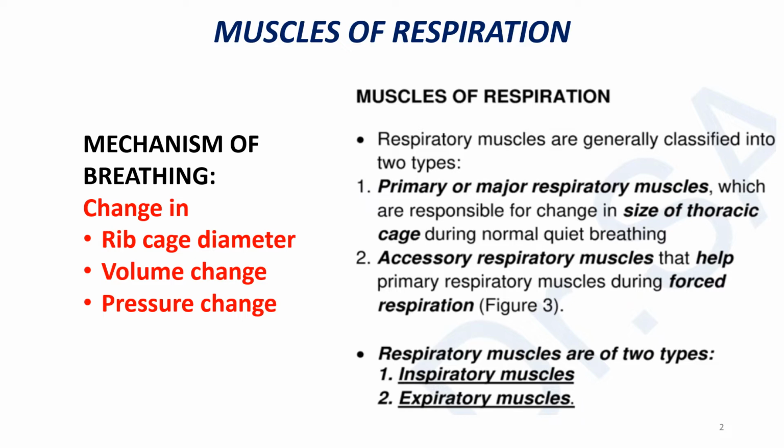Major respiratory muscles basically change the size of the thoracic cage, and accessory muscles basically help during forceful respiration. So we'll be talking about both, and these muscles are categorized into inspiratory muscles and expiratory muscles.